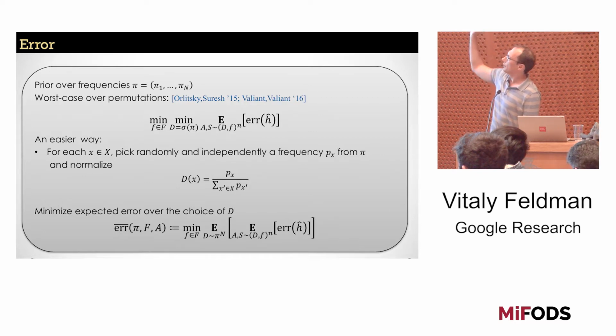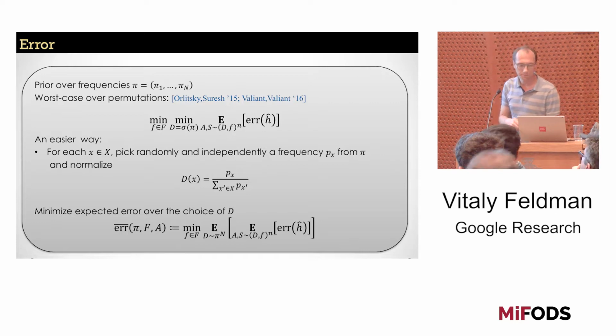So if the algorithm is changing its prediction in a strong way, that means it's effectively memorizing that example, because it's changing the prediction after having observed it.